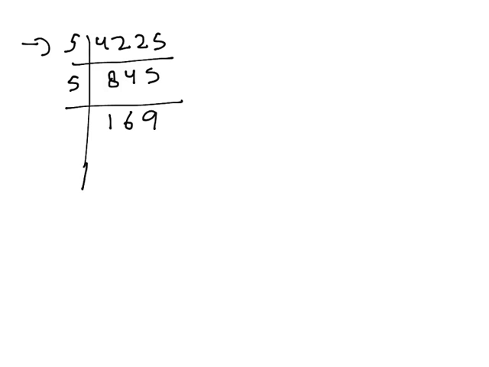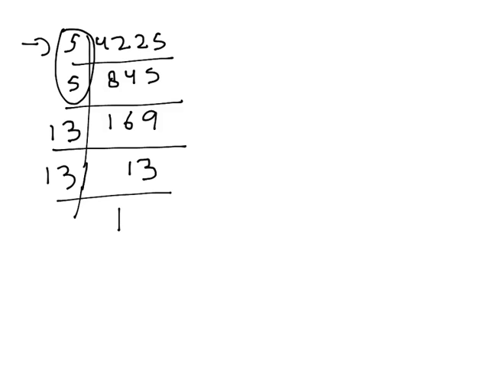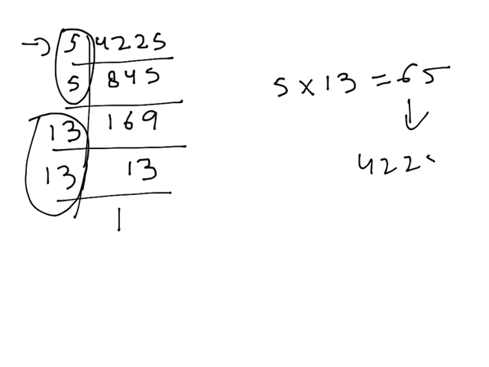The smallest number that divides 169 is 13, and we are left with 13 here, and 13 times 1 is 13. So we have a pair of 5 and a pair of 13. We are left with 5 times 13, which gives us 65. It means 4225 is the perfect square of 65.